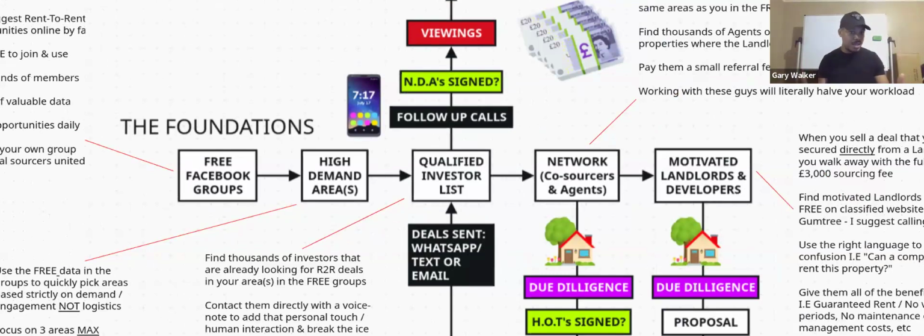So try and take notes if you can, and follow it in the order that I'm showing you. That's something that people do incorrectly a lot. I have people reach out to me and say, Oh, Gary, I've started trying to contact landlords, for example. I'm not getting any responses from them. What should I do? And then I start asking them about what they've done in terms of the foundations.